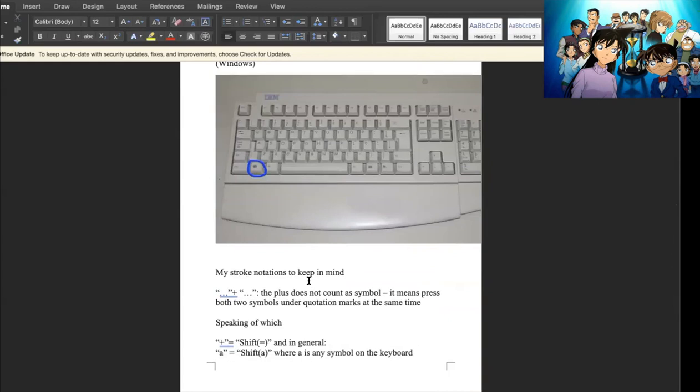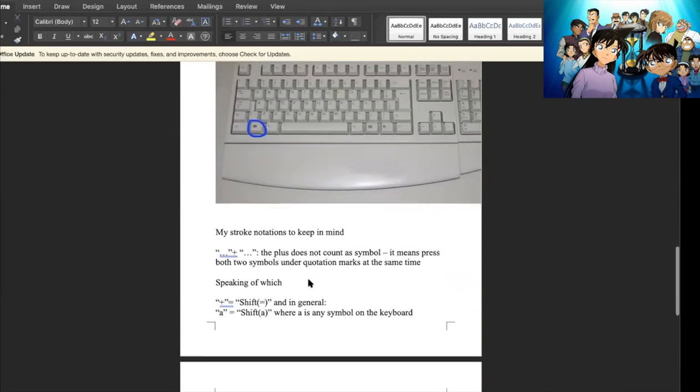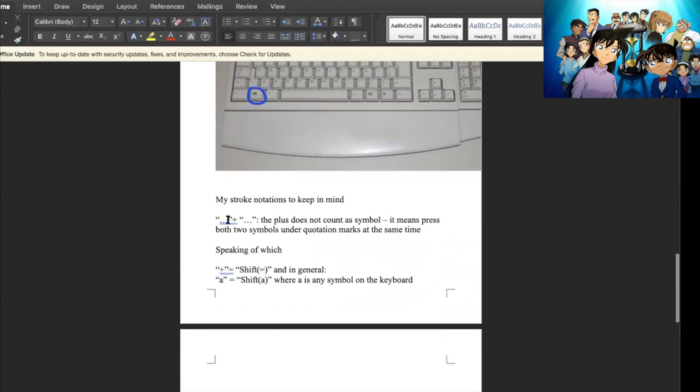So here are some stroke notations to keep in mind so you can understand what I'll be writing out. If you see two quotation marks and these three dots, it basically indicates some symbol will go here. If you see a quotation mark symbol plus quotation mark symbol, it means that I am pressing these two symbols under the quotation marks at the same time.